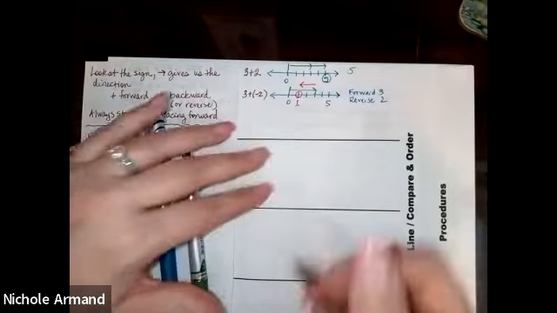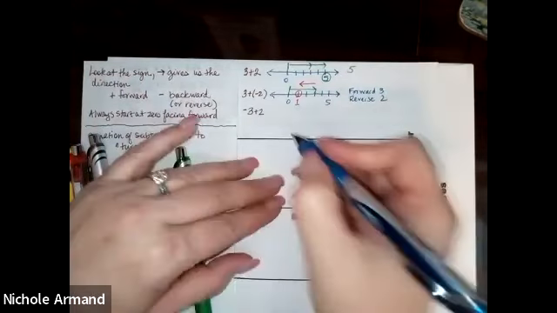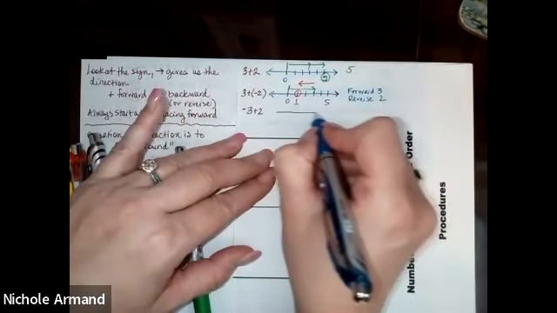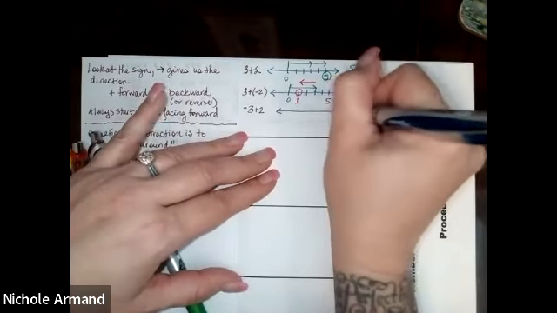Let's do -3 plus 2. We are still going to start out at 0, facing forward.